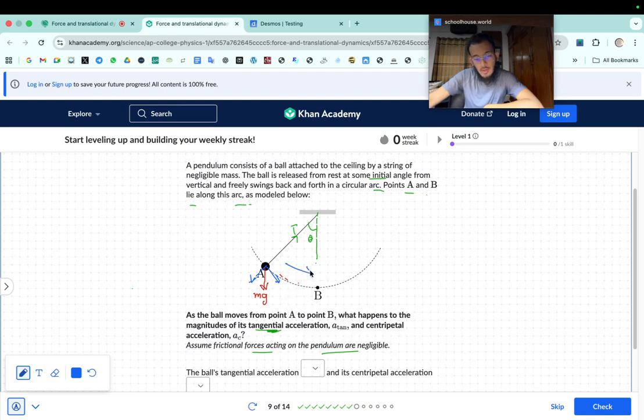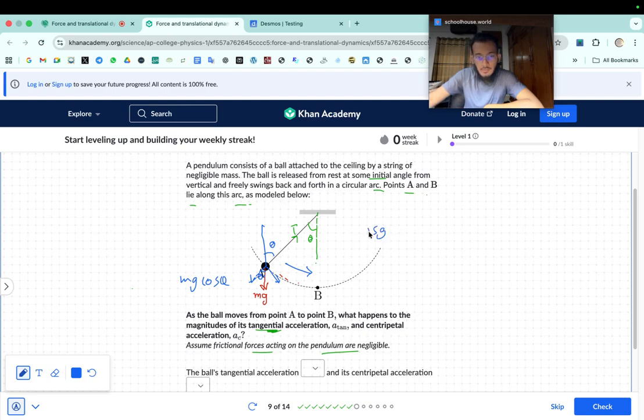As we come closer to B, the theta gets reduced. With the vertical, if this is theta, then this is also theta, because opposite angles.